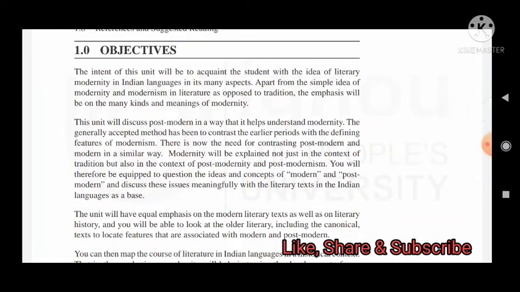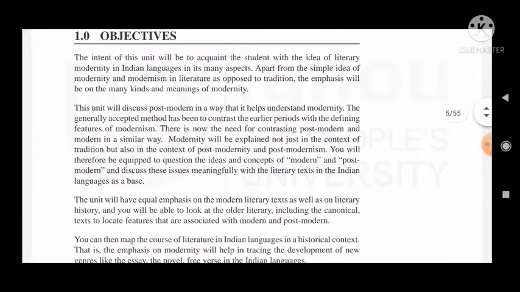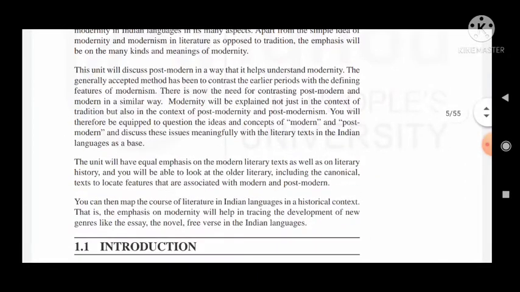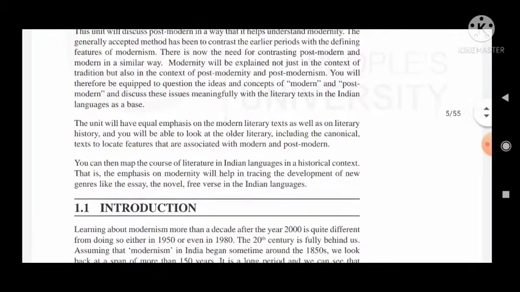The intent of this unit will be to acquaint the student with the idea of literary modernity in Indian languages in its many aspects. Apart from the simple idea of modernity and modernism in literature as opposed to tradition, the emphasis will be on the many kinds and meanings of modernity. This unit will discuss the postmodern in a way that helps understand modernity. The generally accepted method has been to contrast the earlier periods with the defining features of modernism.